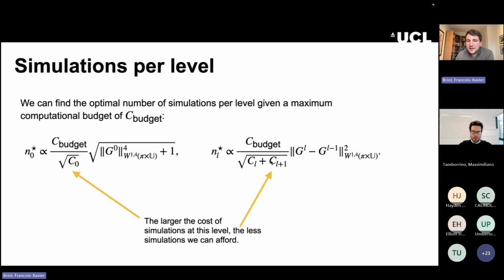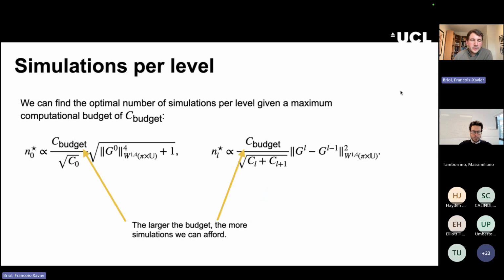And you can get exactly the same thing here for the other levels. Now here it's like a sum of two things, because at level L, we're evaluating both GL and GL plus 1. In fact, maybe I've got a typo, it should be -1. And obviously this is all proportional to the total budget.